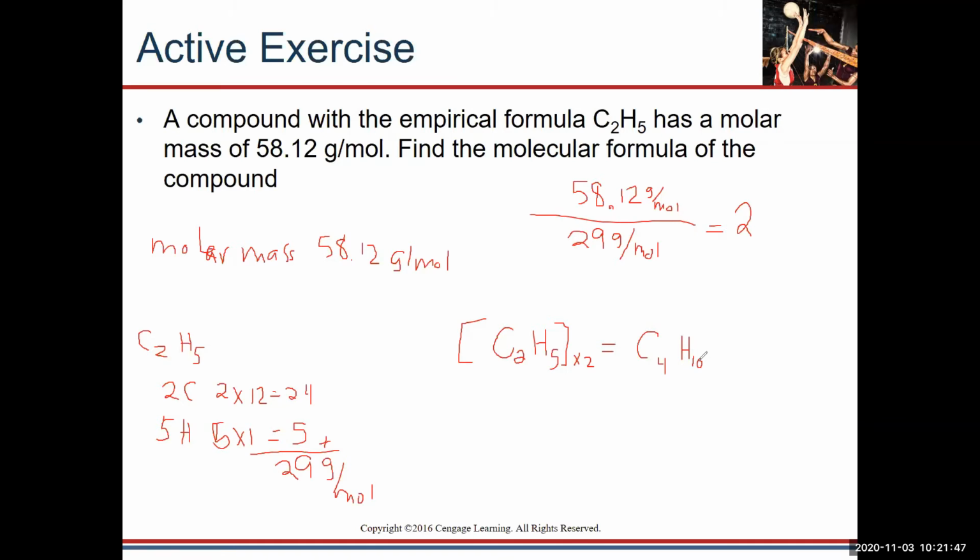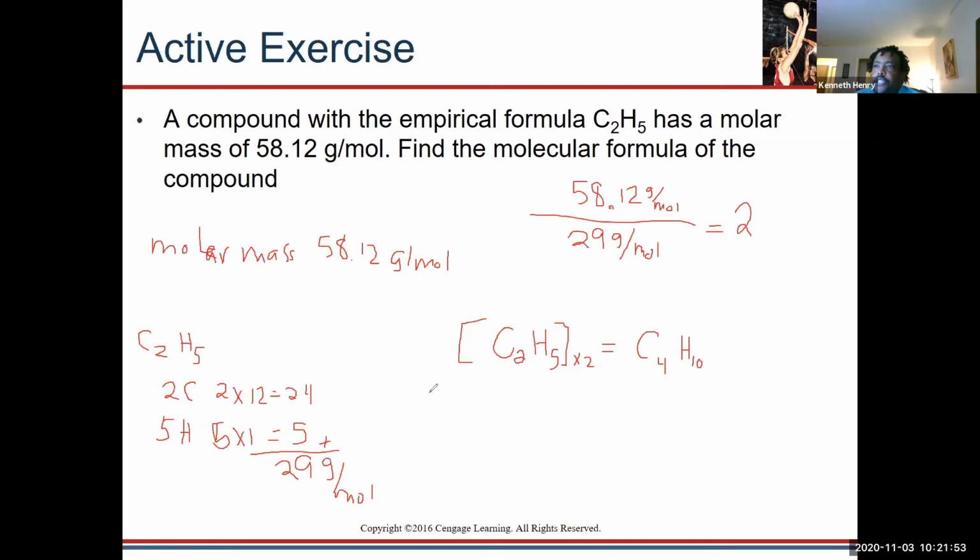Why do we divide 58.12 by 29? Because this is the mass of the compound. And remember, what is an empirical formula? How do we normally calculate it?